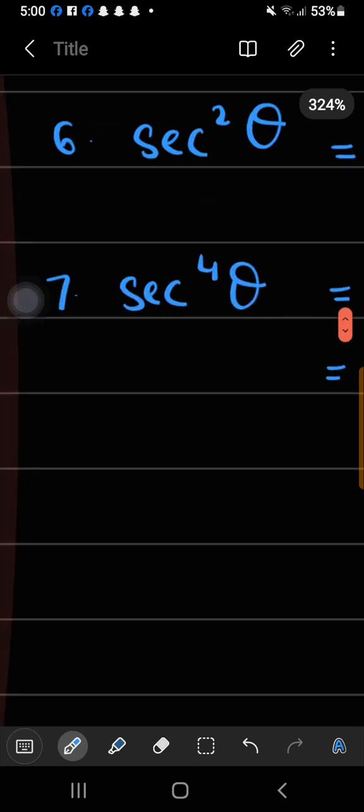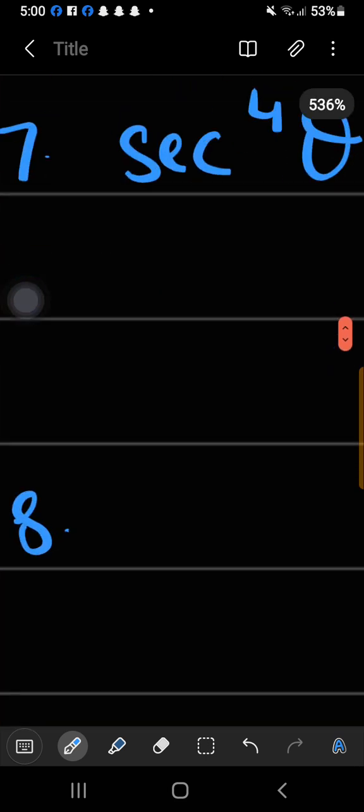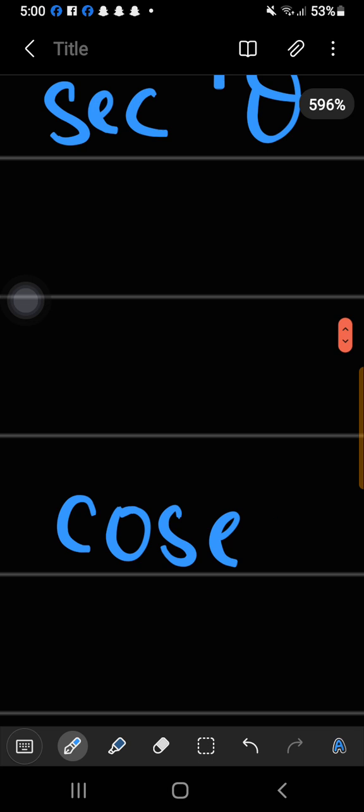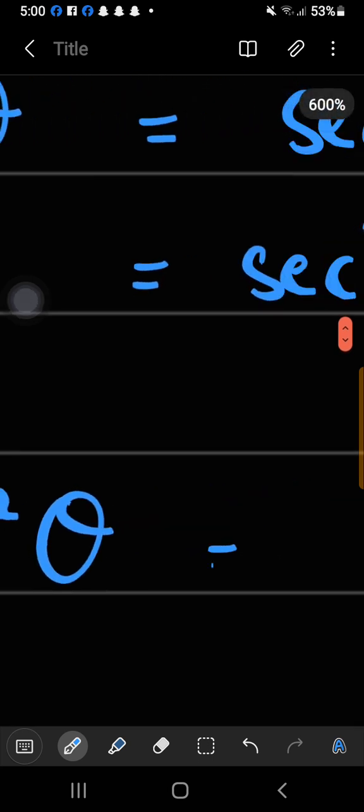Now the eighth one is cosec square theta is equal to 1 plus cot square theta.